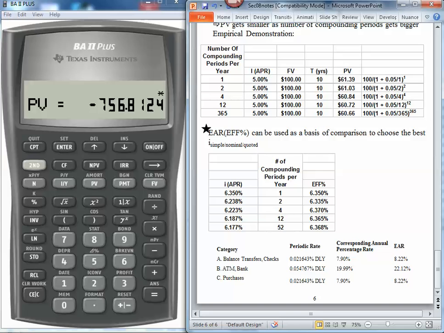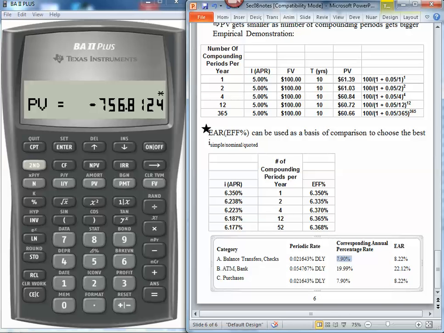I have an annual rate, an APR, of 7.9%. That's a periodic rate of 0.021643 daily. The EAR, what I'm actually paying, is 8.22% per year, assuming that I carry a balance on the card. That doesn't sound like too much.